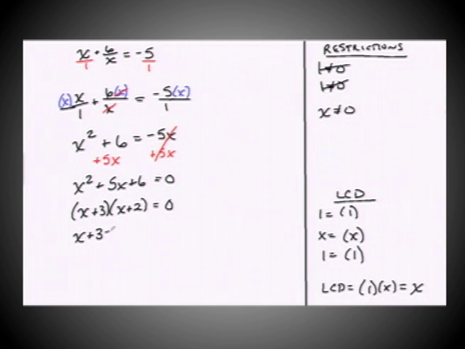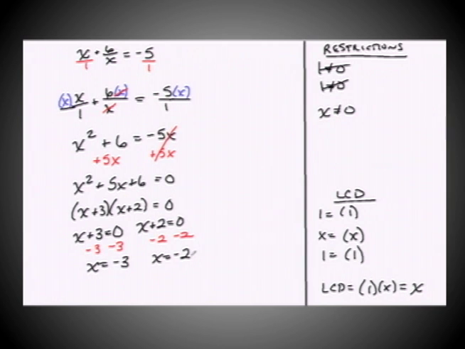And now we apply the zero product principle by setting each of the factors equal to 0 and solve. So I'll subtract 3 here, and I get x is -3. And I subtract 2 with this one, and I get x is -2. So I have 2 potential solutions here of -3 and -2.